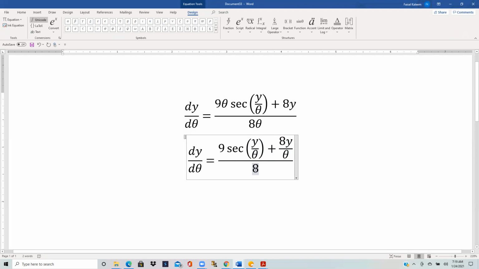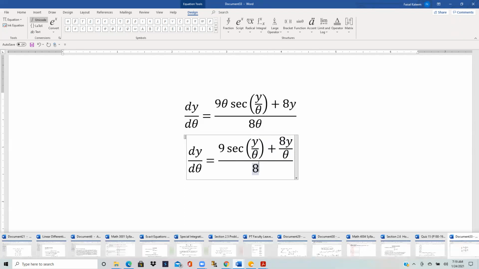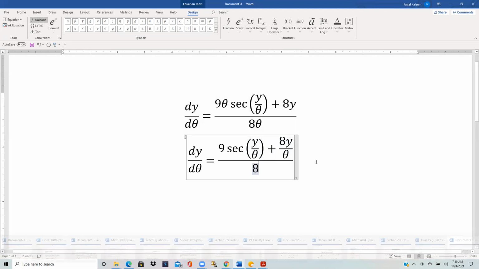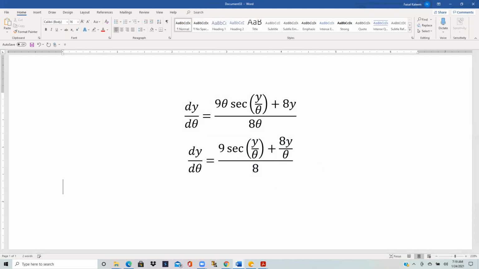And remember we said that as long as we just have a constant, that's fine, because it can be written as 8 times y over theta to the power 0. So any constant doesn't disturb the fact that it's a function of y over theta. So now the second thing is that after that, we knew that to solve it, we have to substitute.